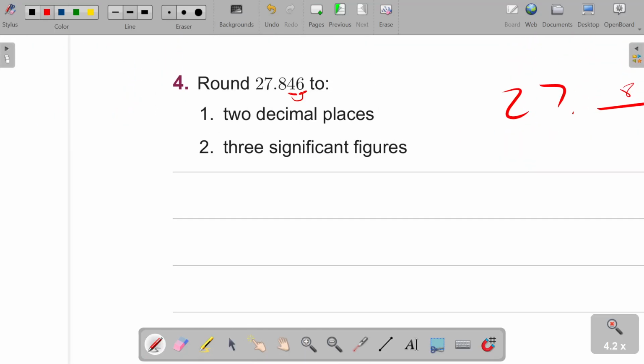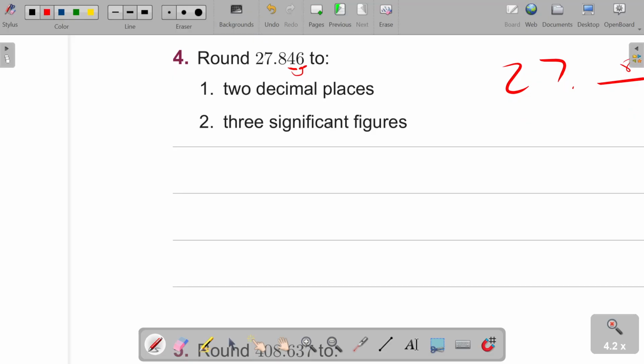Now, significant figures is a whole other can of worms, right? But in this specific context, you want to think about significant figures as what's important for estimating a problem. So for example, if I told you that someone weighs 50 kgs, right? Chances are they don't weigh exactly 50 kgs.